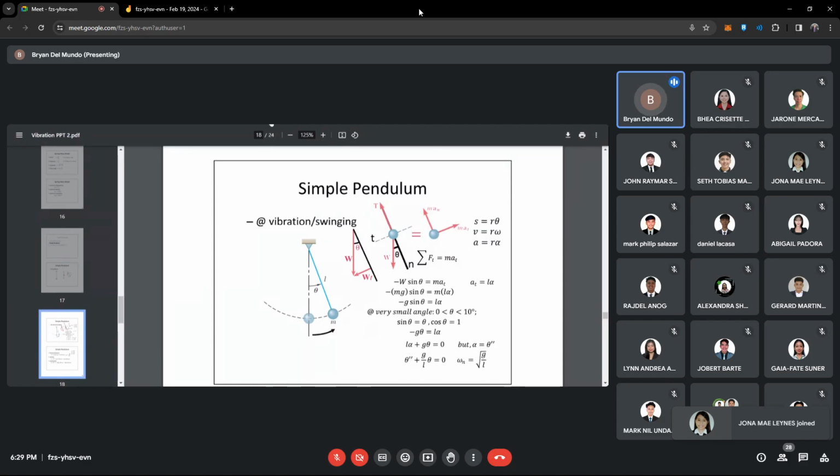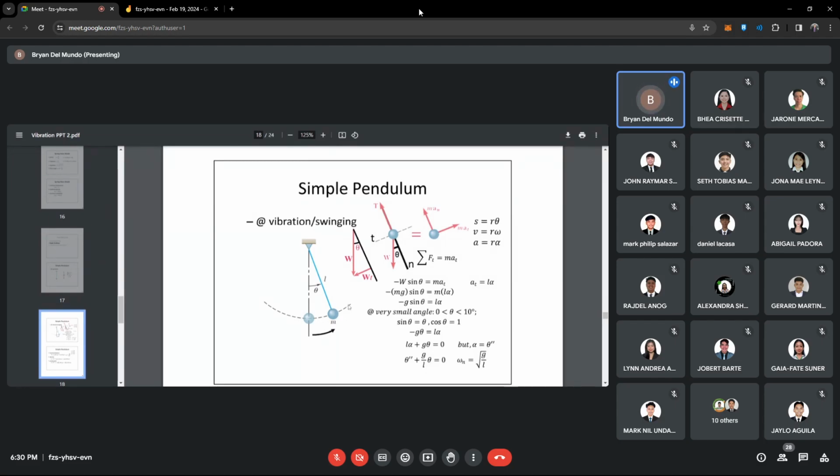So we have S is equal to R theta. No? And then for SVA, ito yung ating mga rectilinear motion, and then for the right side, R theta, R omega, and R alpha is yung ating curvilinear motion. So ulitin ko lang, SVA is for rectilinear, and R theta, R omega, and R alpha is for the curvilinear motion.